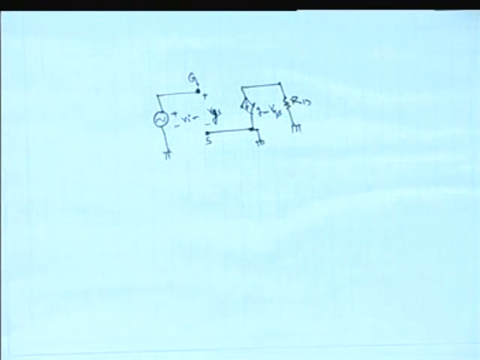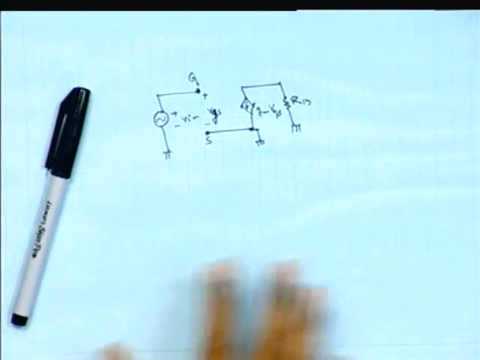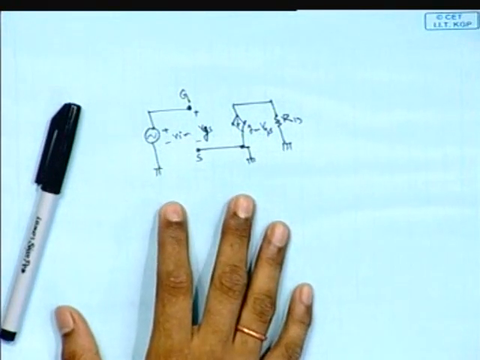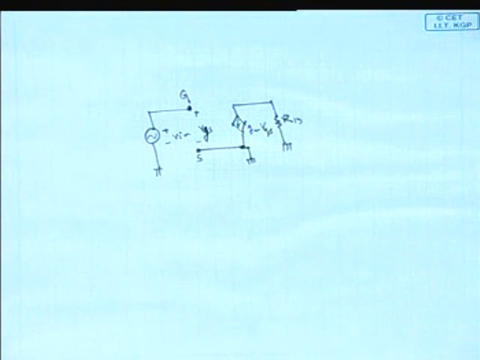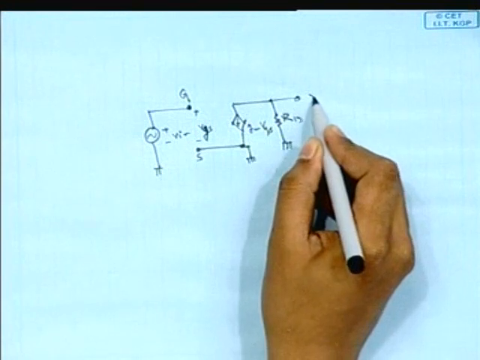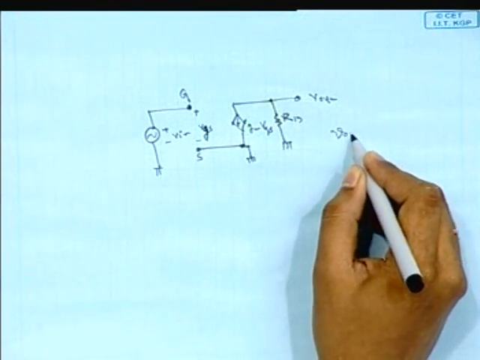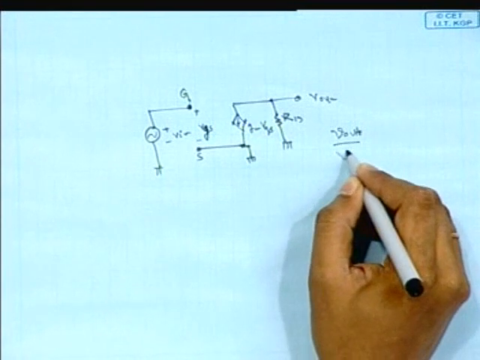Now this is, very specifically, a very much approximated small signal circuit, and in that circuit we see that Vin is applied at the gate with respect to AC ground, and from the RD we take the output, that is Vout. We have to calculate the small signal gain, Vout by Vin.